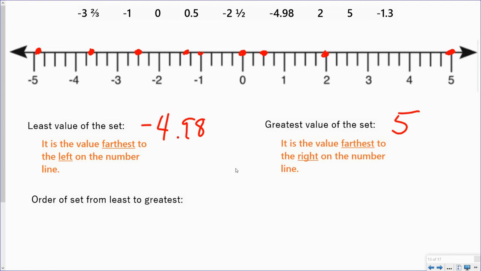And if we put these in order from least to greatest, we would have -4 9/800ths, -3 2/3, -2 1/2, -1 3/10, -1, 0, 5/10, 2, and 5.